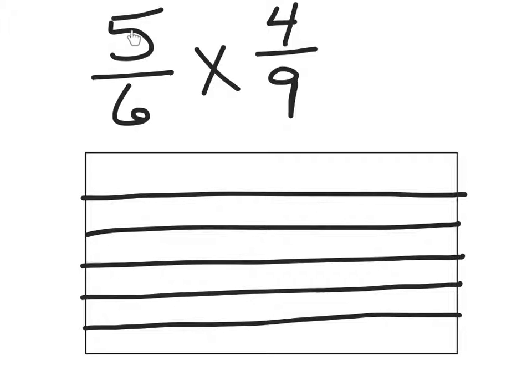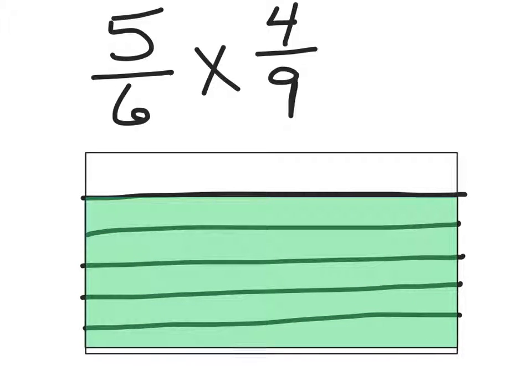Perfect, my friend. Now I get 5 out of those 6, so let's go ahead and color in 5 of the 6 parts. Fantastic. Bam. So now I have 5 out of 6. Now I've got to create this fraction, which means I want to break this box going up and down into 9 parts. 9 parts means 8 lines.